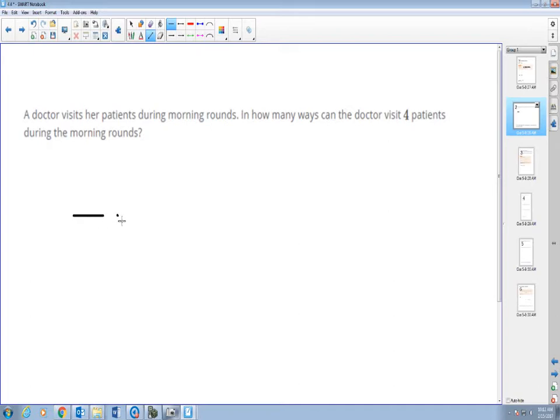So I have 1, 2, 3, 4 patients. Before she goes to the very first patient, she has 4 of them to choose from. Once she visits one, the next one she has 3 to choose from, then 2, then 1. So 1 task followed by another task, that means we will multiply.